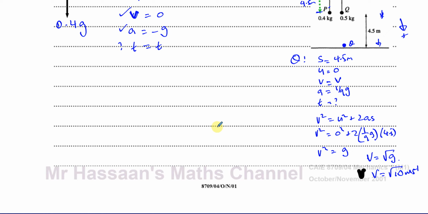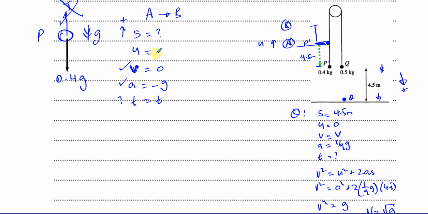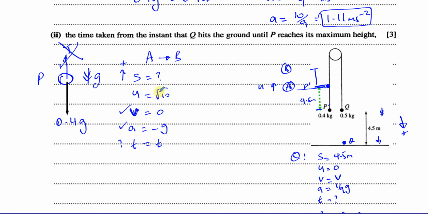That is going to be the u here, square root of 10 meters per second, and it's going upwards. We're taking up as positive, and u is also positive because p at the beginning is moving upwards, and it becomes 0 at the top. So it's going to be positive, sorry about that.